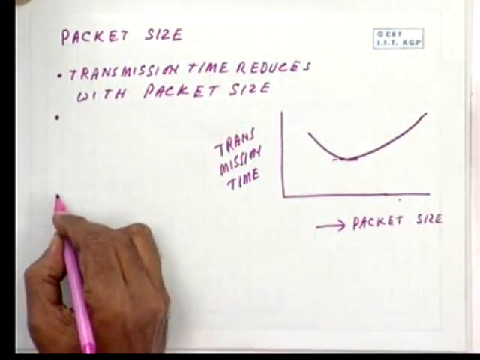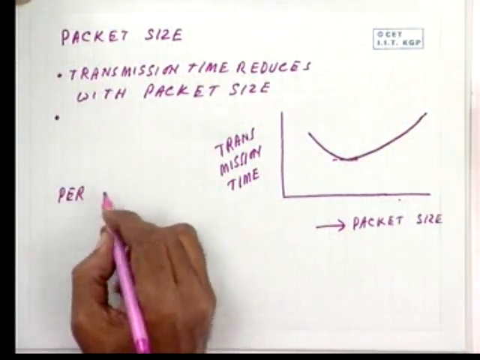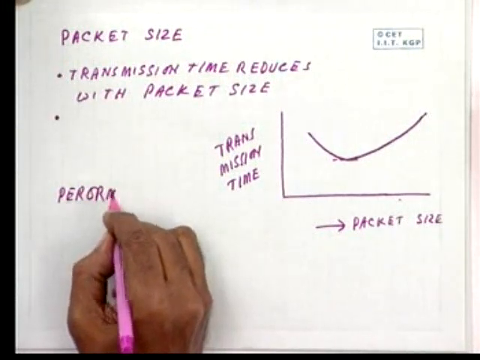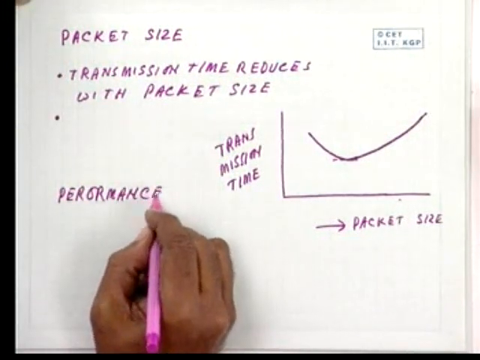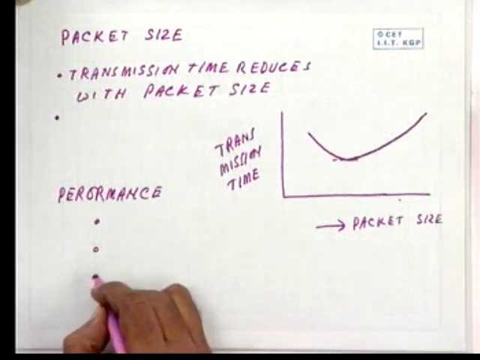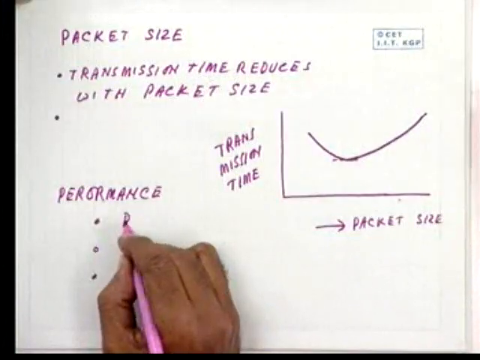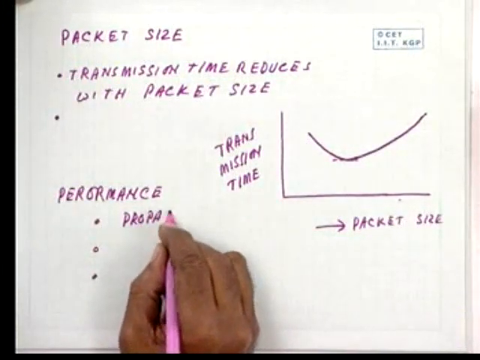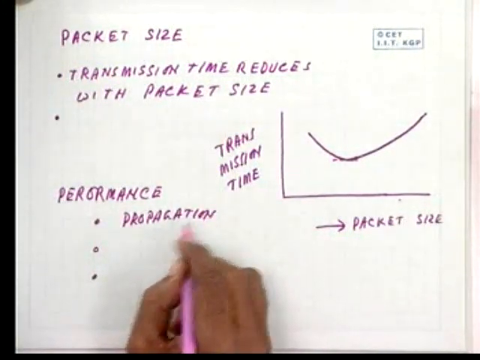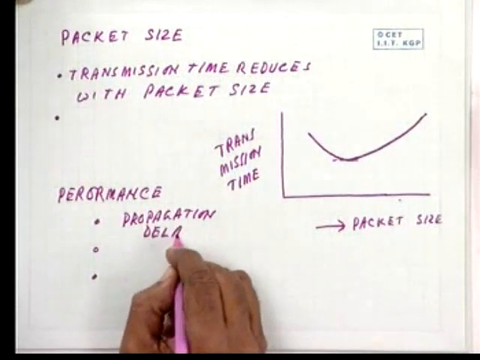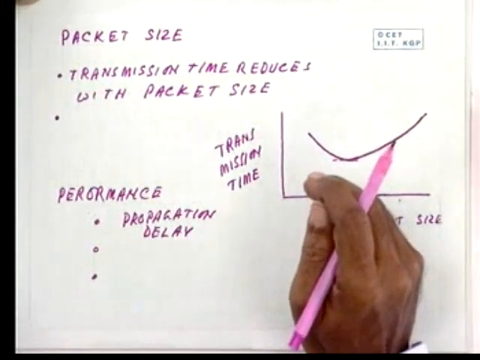Now, to obtain the performance of a network, you have to look at three important characteristics: propagation delay, which is dependent on the delay through the guided media.